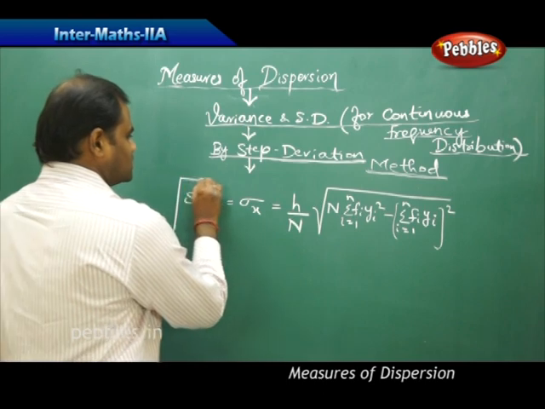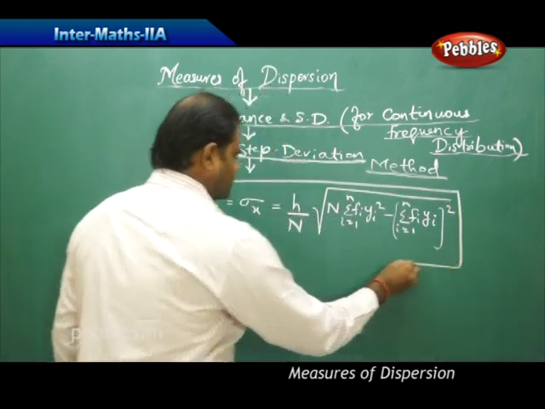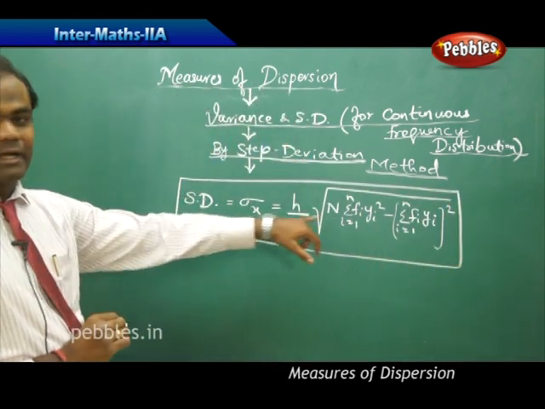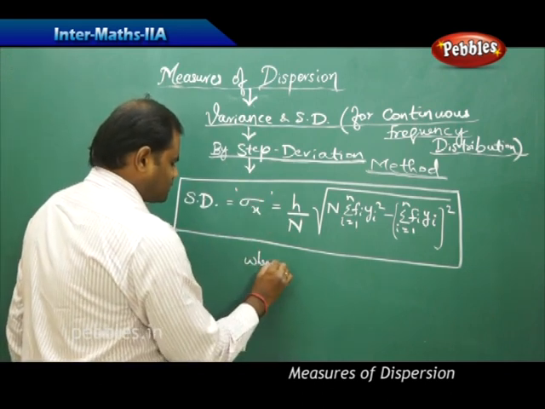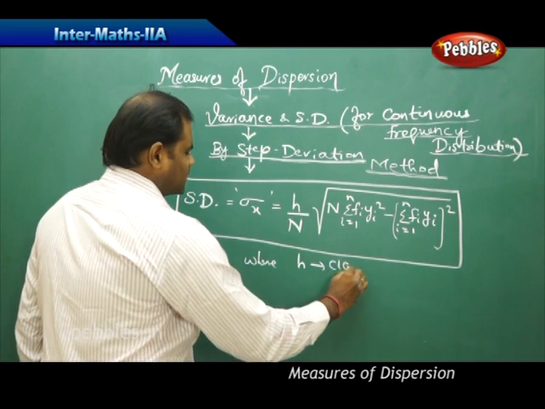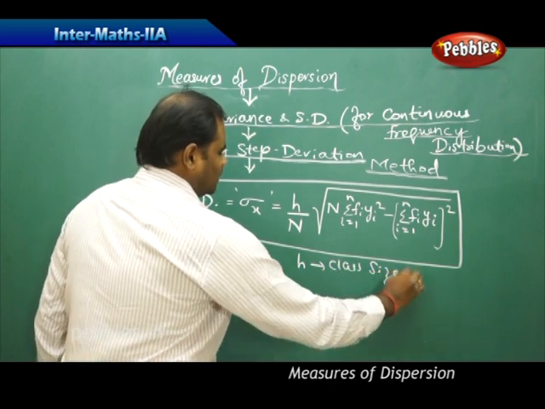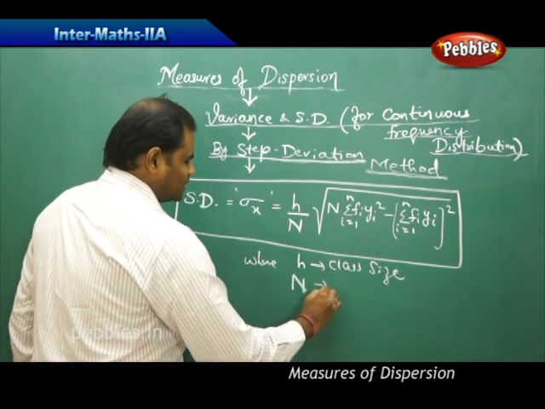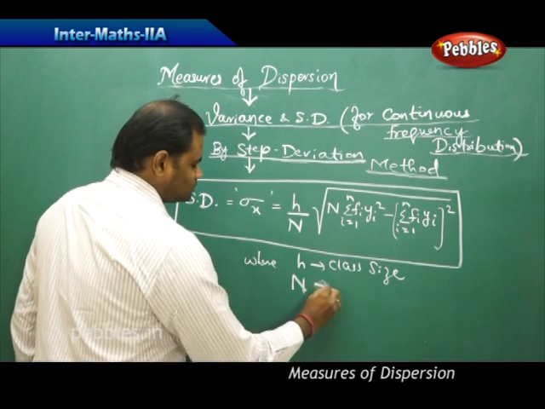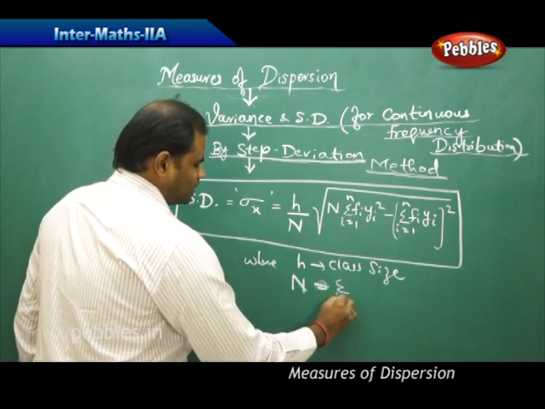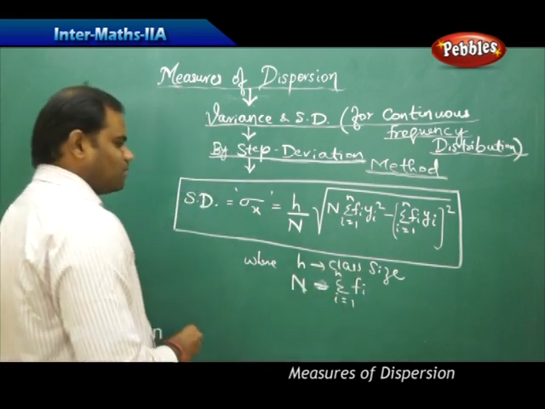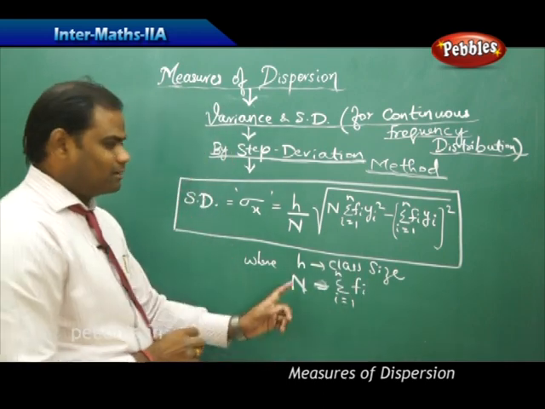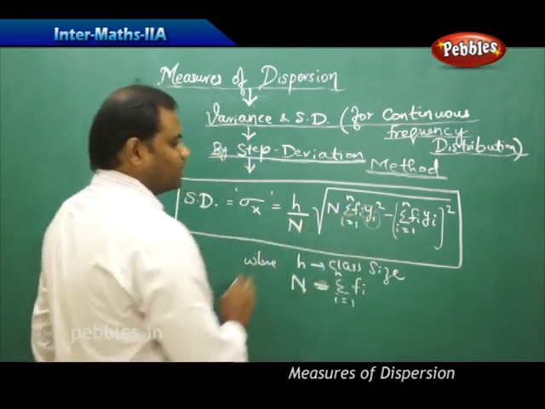Here h is the class size, n is sigma i running from 1 to n of fi, and most importantly this yi is very important.